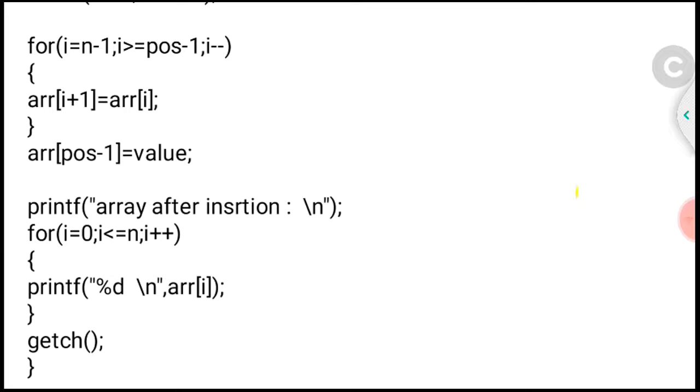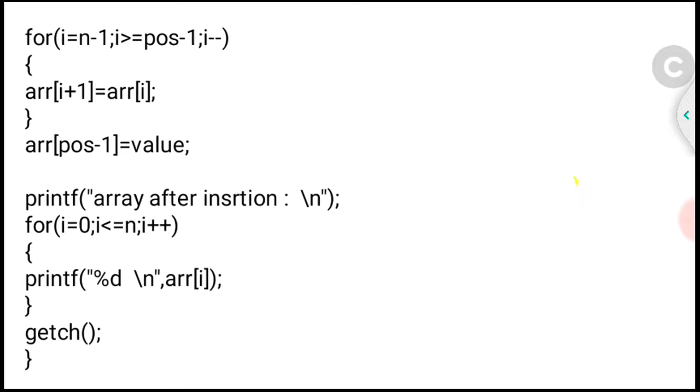After that, as I have already explained in the algorithm, the last location element will be moved to the next location. Suppose the last location of the array is 4, the fourth location value will be moved to I plus 1, that is fifth.